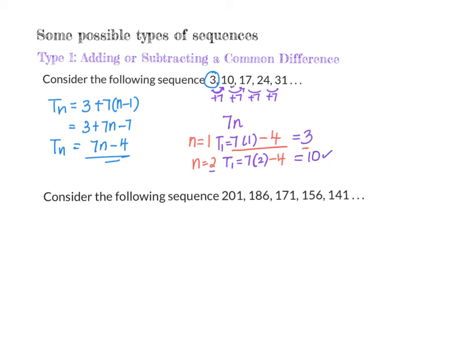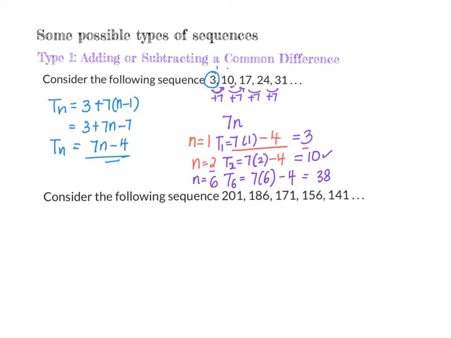So now if I were to have n equal to 6, what will be the sixth term? T6 will now be 7 times 6 minus 4. 42 minus 4 will give me the number 38. Let's check.